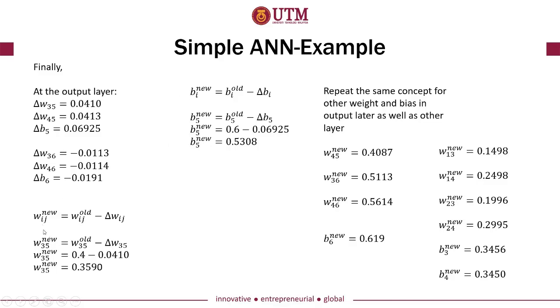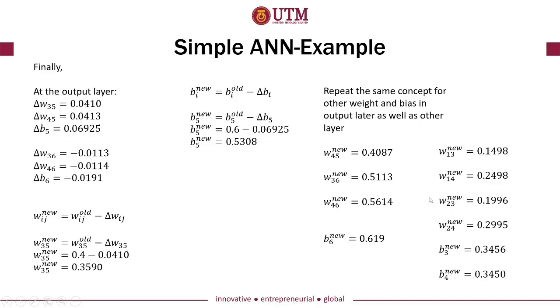So in your new W's there, W35 is equal to 0.3560, and then the B5 there is equal to 0.5304. If you repeat for the other parameters, then you will get the new W36 equal to this, and W46 equal to this.